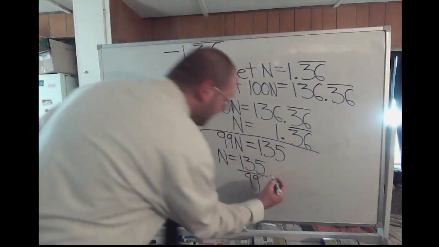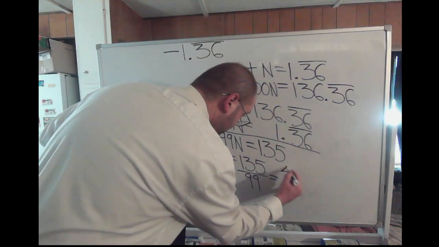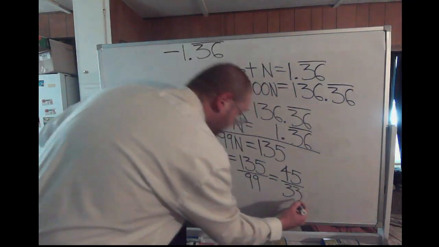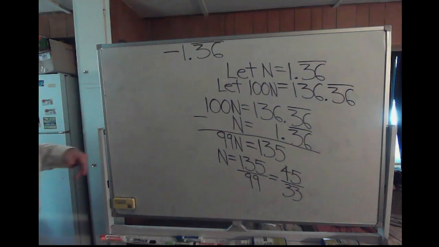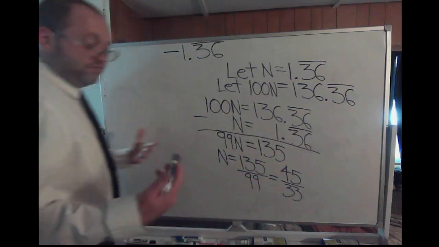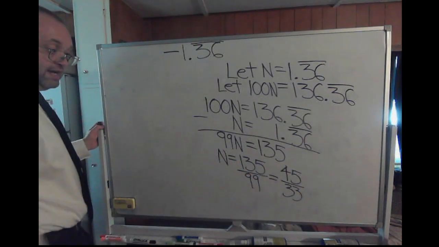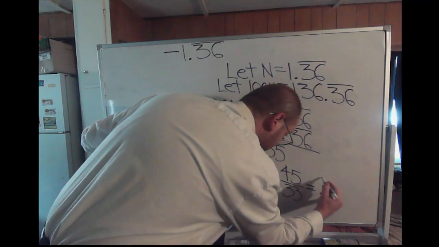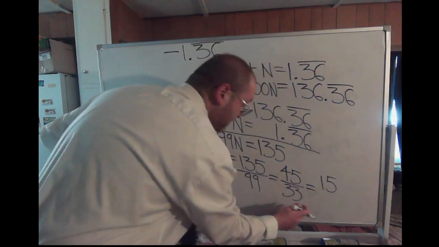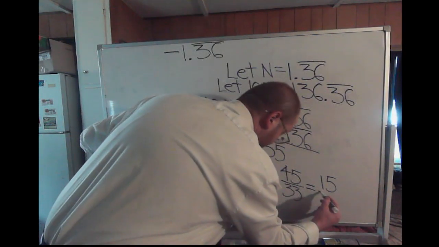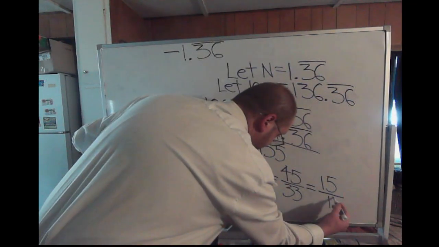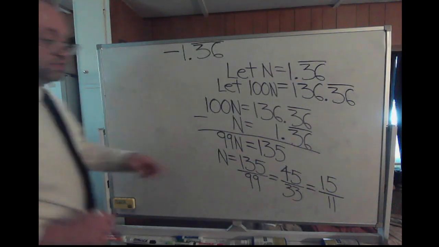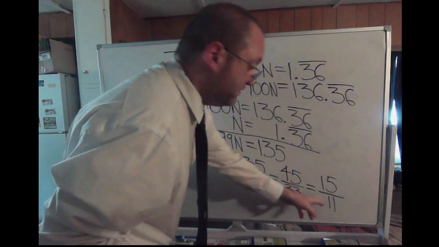You get 45, but 99 is also divisible by 3. You get 33. But guess what? The 45 and 33 are divisible by another 3. 45 divided by 3 is 15. 33 divided by 3, that's going to be 11. So now we have 15 elevenths.